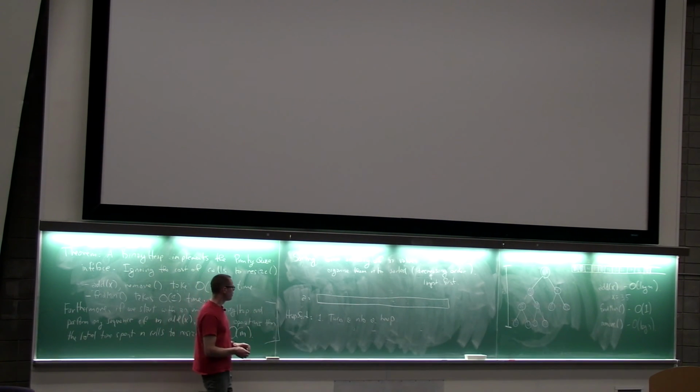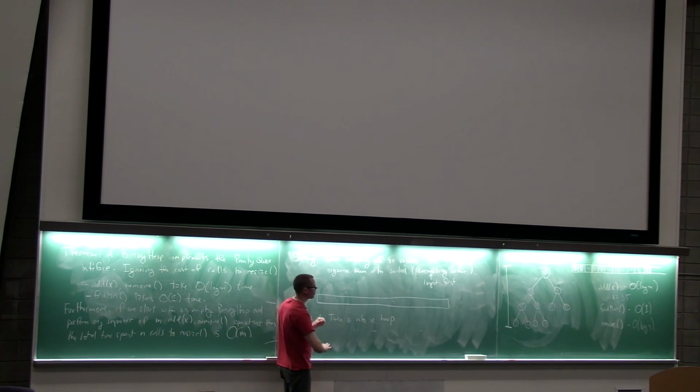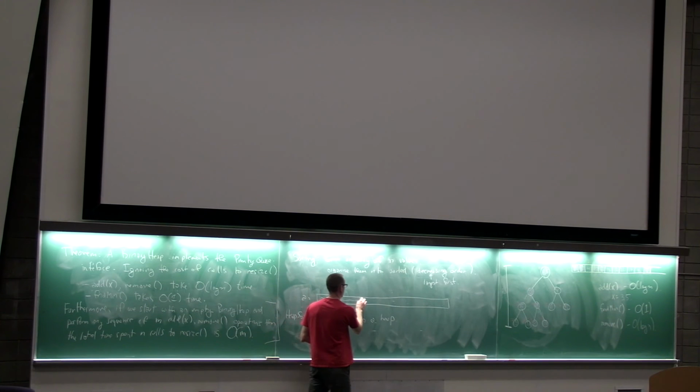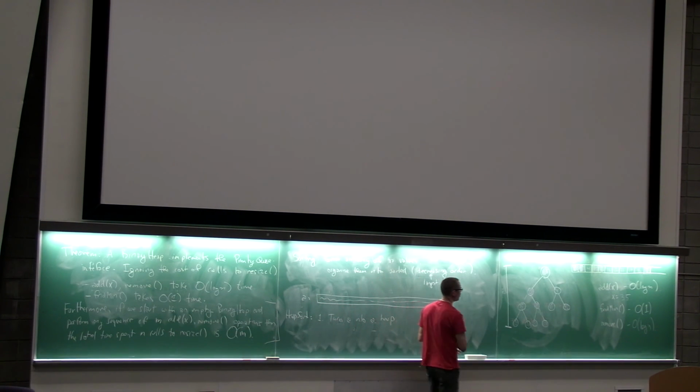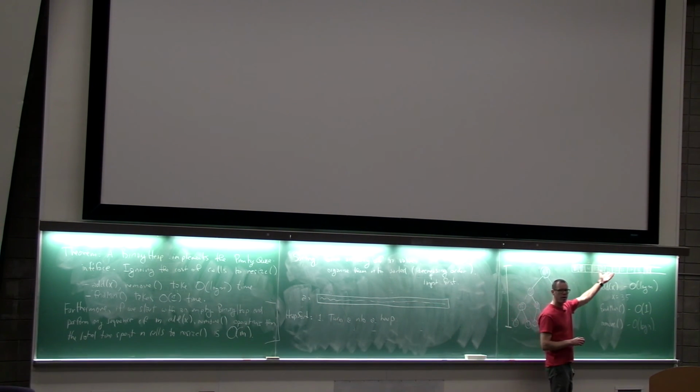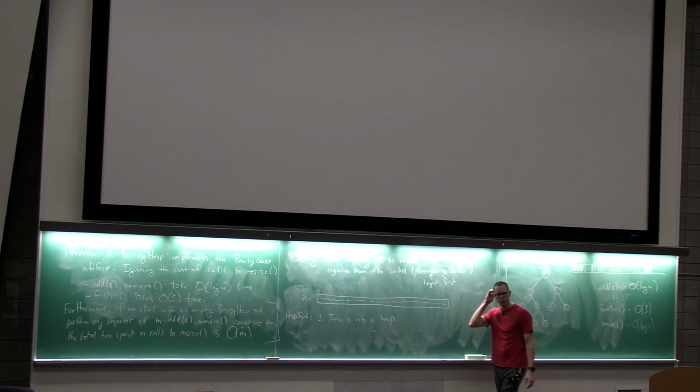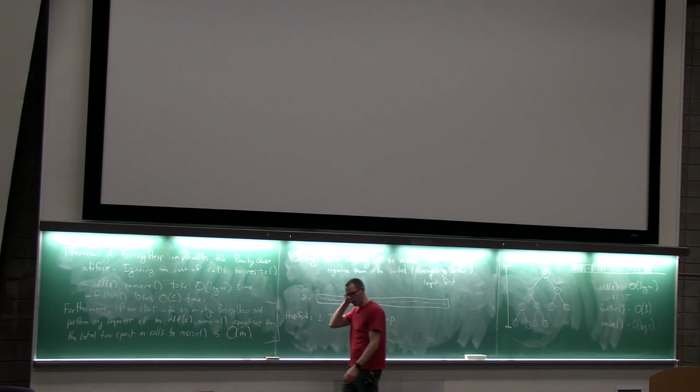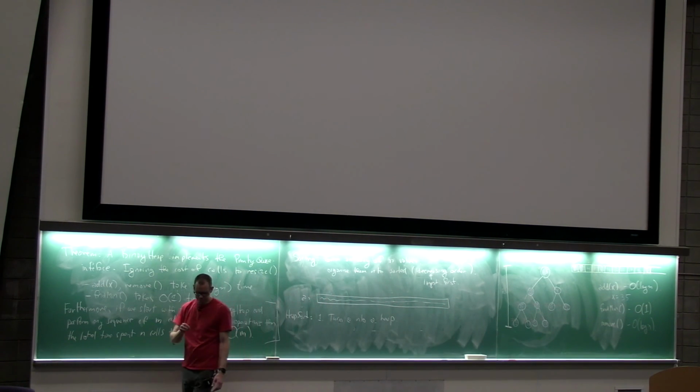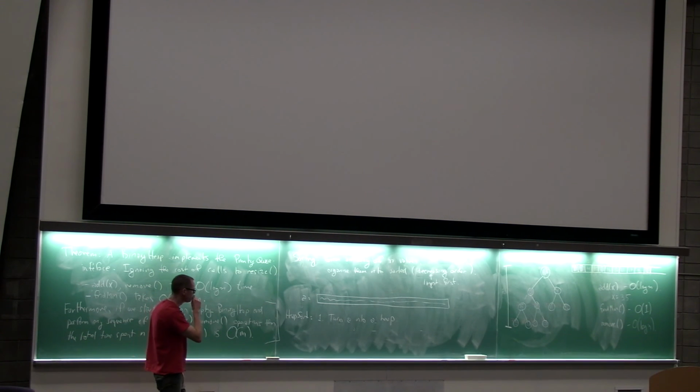So we take A, this array, and we turn it into a binary heap. Now we know that we can represent a binary heap in an array like this. We'll see how we can turn an arbitrary array into a heap this way. But that's what we do.